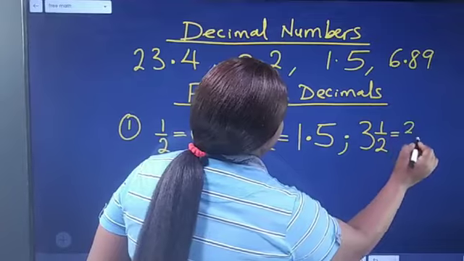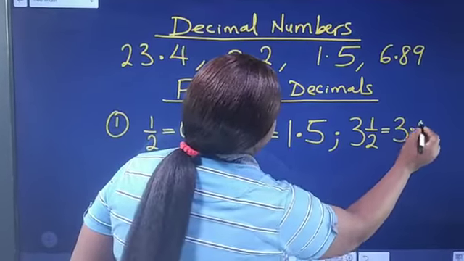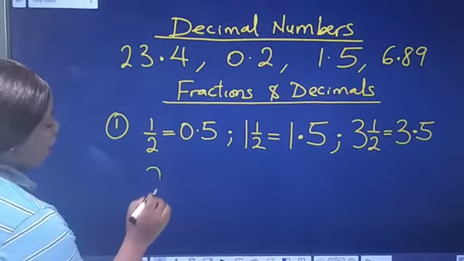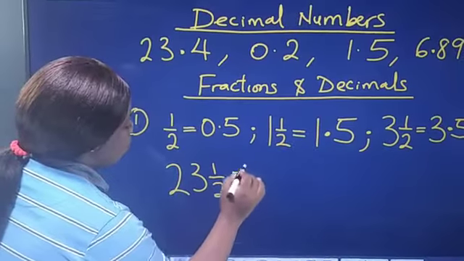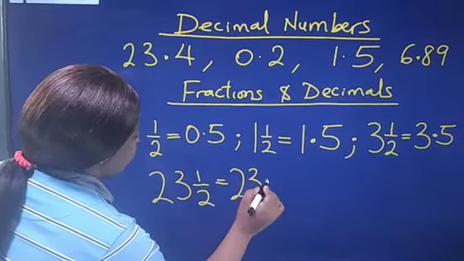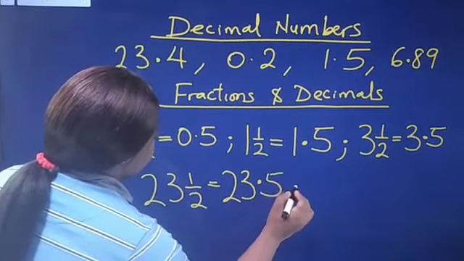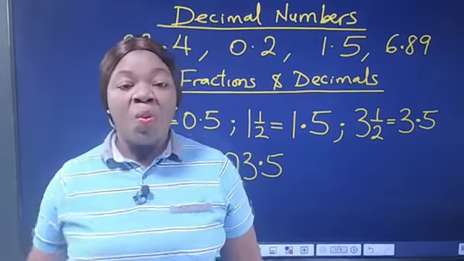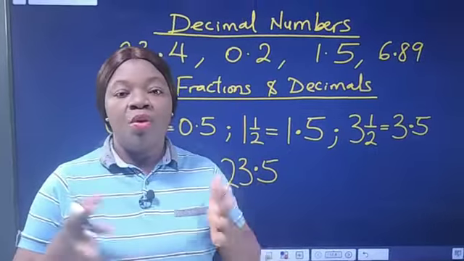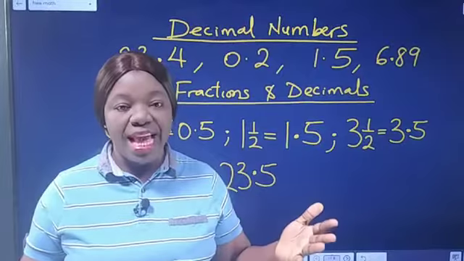It will be 3.5. Now if you have 23 whole number 1 over 2, it will also be 23.5. Now what if you have 100 whole number 1 over 2? What will the answer be?